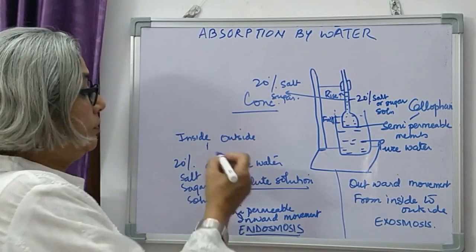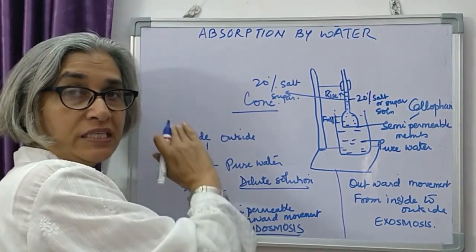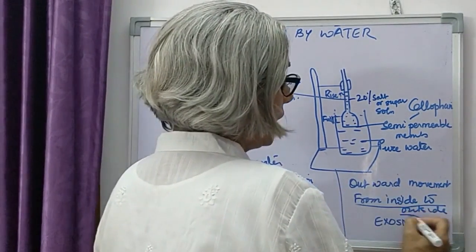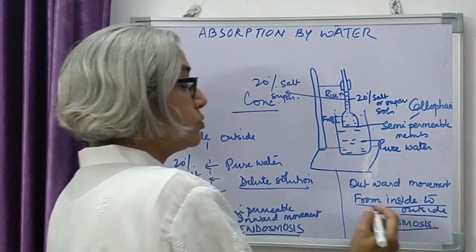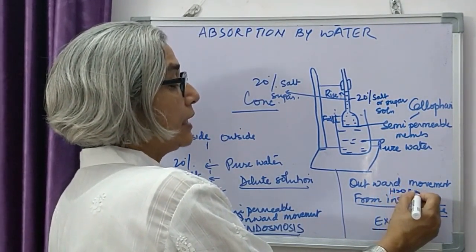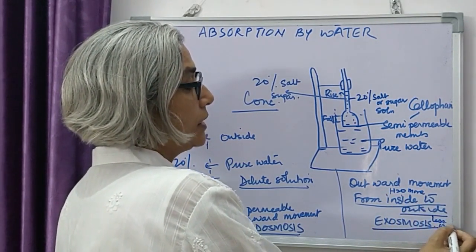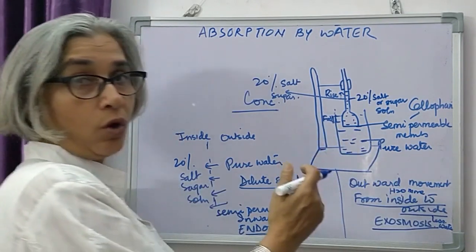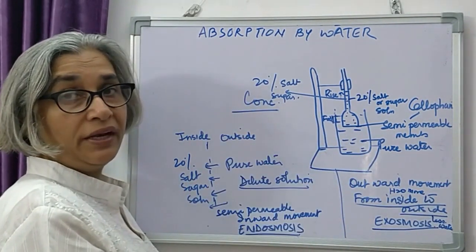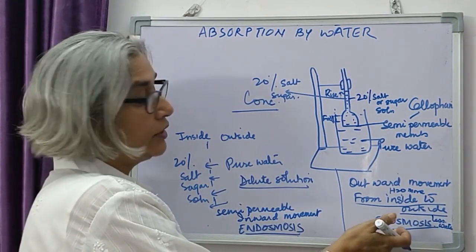The result will be movement of water from where it is more, that is inside the cell, to outside the cell. Movement of water from inside to outside the cell is called exosmosis. Here it means there is more water inside the cell and less water outside the cell. So wherever there is more water, movement will take place from that region to where it is less.